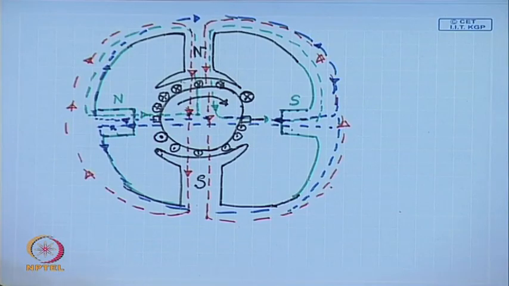Interpoles are short and narrow pole structures placed at the interpolar location in order to compensate the interpolar armature reaction flux.